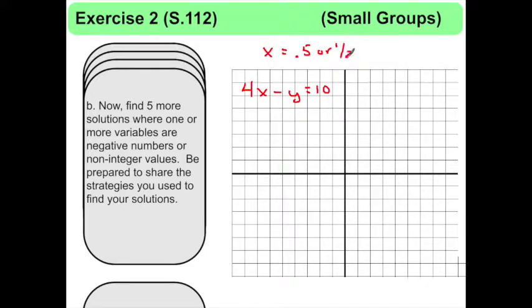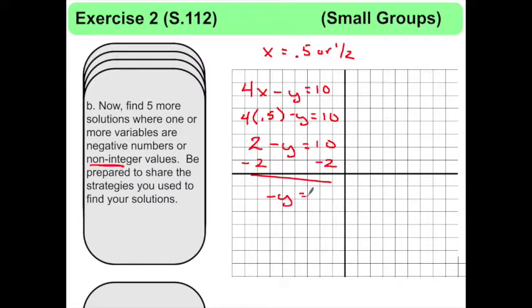Something that falls in the non-integer category. Well, we could do 4 times 1/2 minus y equals 10. Well, half of 4 is 2. Let's see, 2 minus y equals 10. So I would subtract 2.